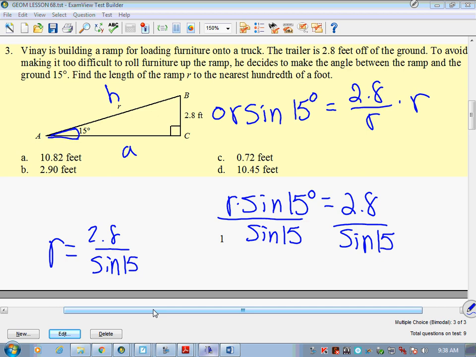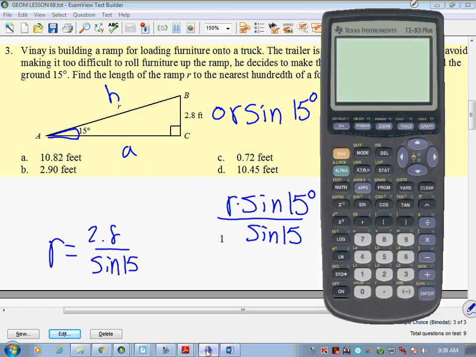So let's look at how to do that. Do I need to make sure my calculator's in degree mode? Yes. Now, if you already checked it, you're probably fine. What I'm going to do here is 2.8 divided by sine 15. That's going to tell me the value of r to the nearest hundredth. So I want 10.82 feet.